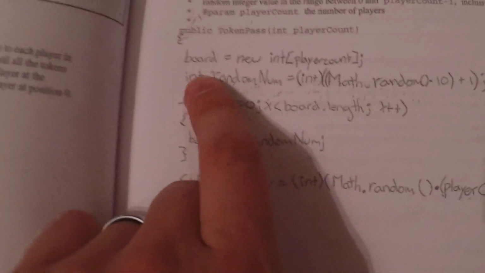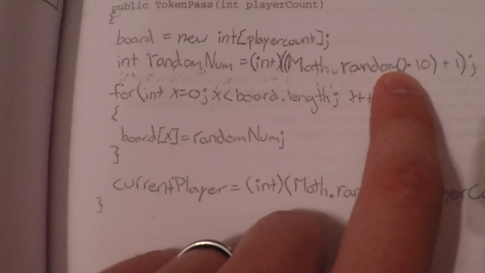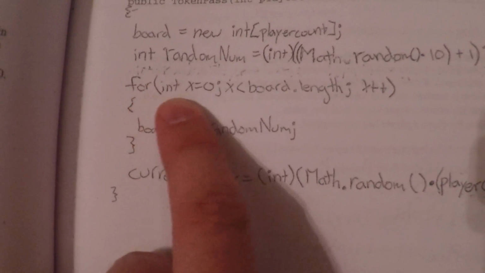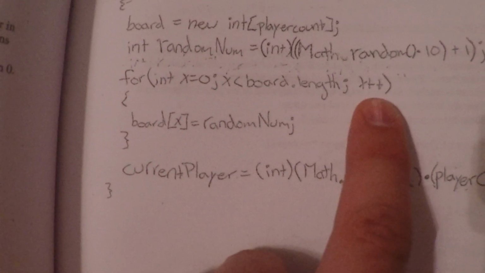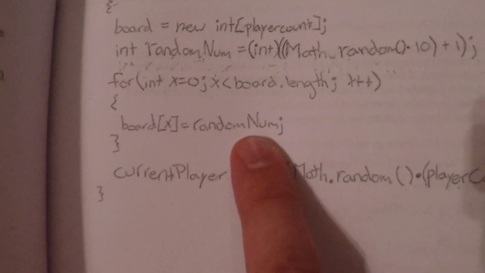So we got your player count, so board equals new int player count, so they get that point. They did that correctly. Int random number equals int math random times 10 plus 1. And then for int x equals 0, x is less than board length, x plus plus, set the x to a random number.